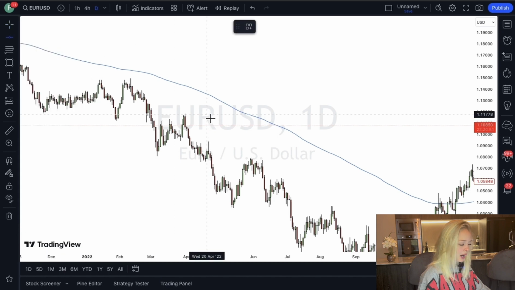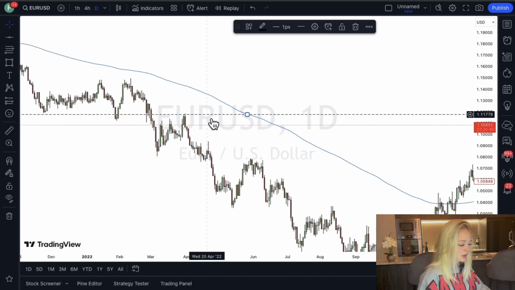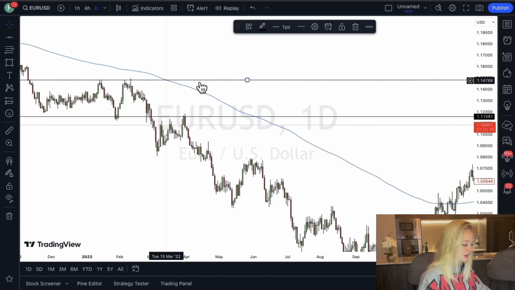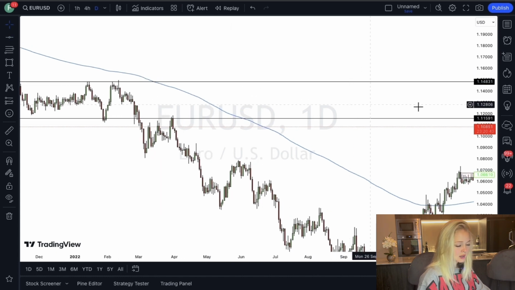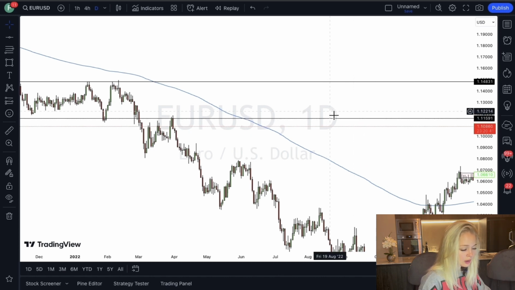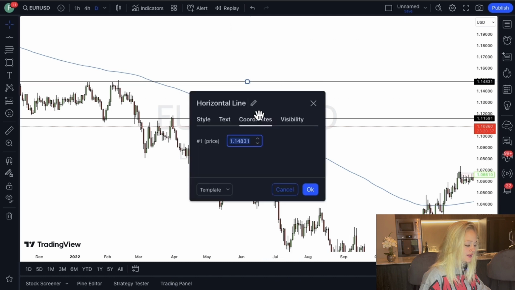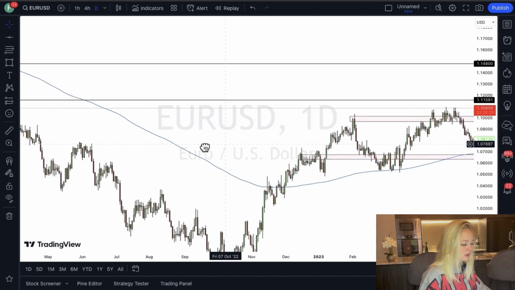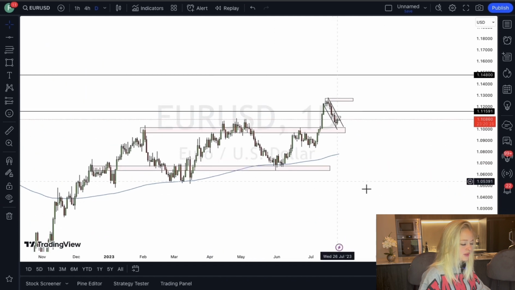We've got an area around here and also this area, which I'm looking to target in the long run. 1.1480, just to be a bit more precise with our rounded numbers. That's where I'll be looking to target in the long run for Euro USD.